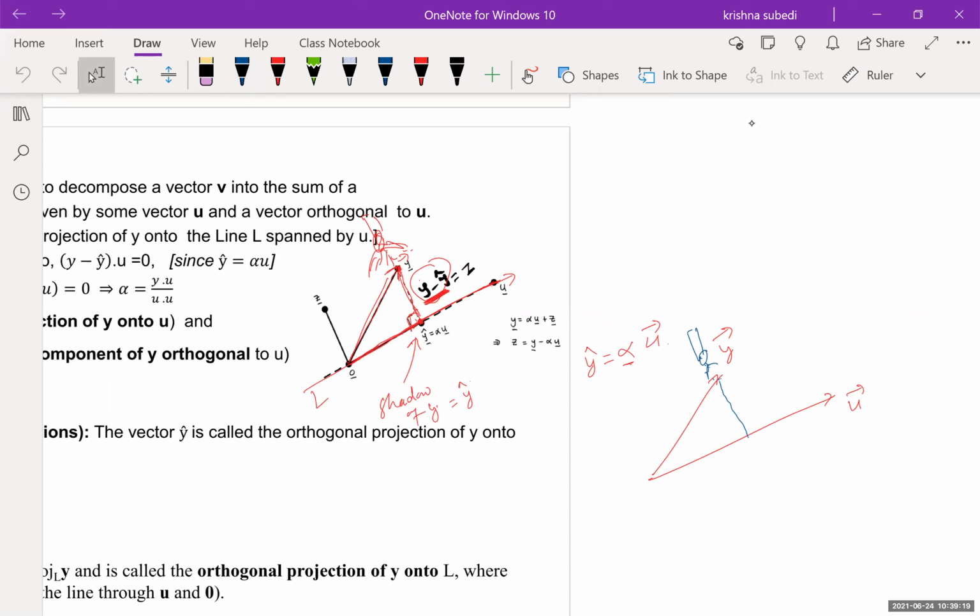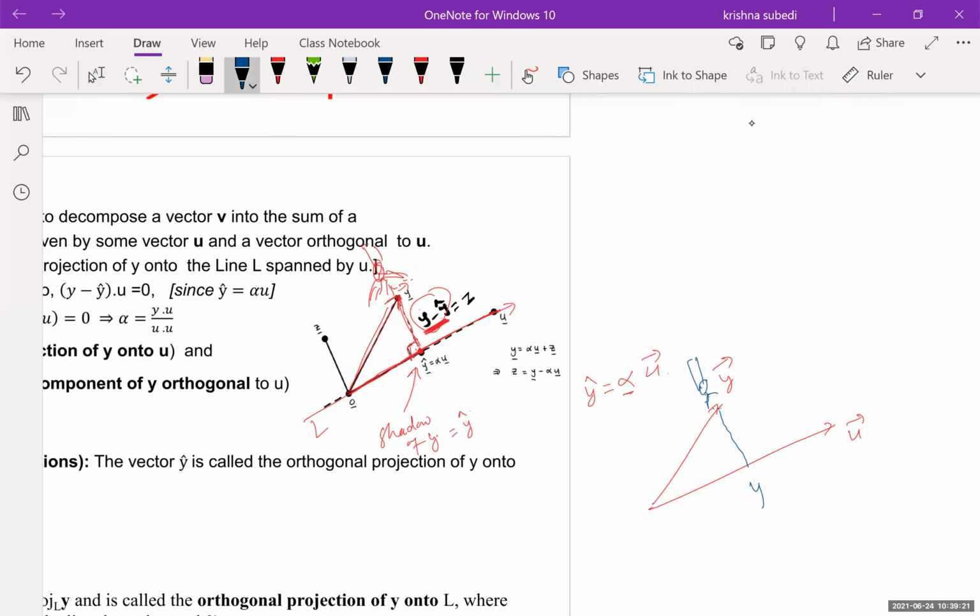So here, we denote that by y hat. This one is your y vector. This is your y hat vector. And this one will be y minus y hat using the triangle law. So we can write this as y minus y hat.